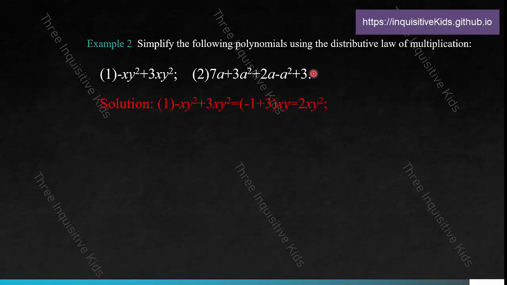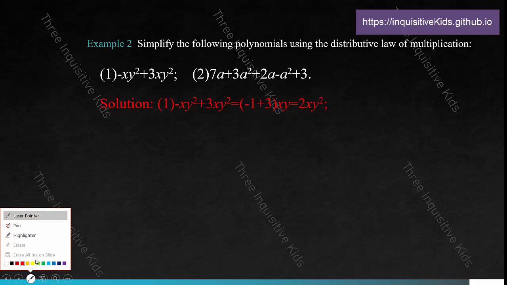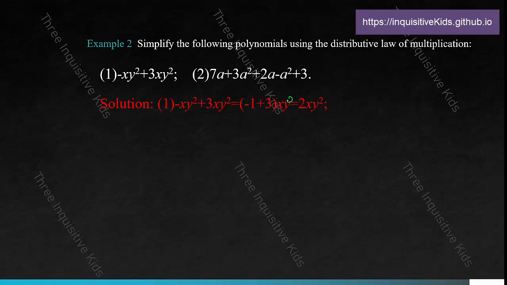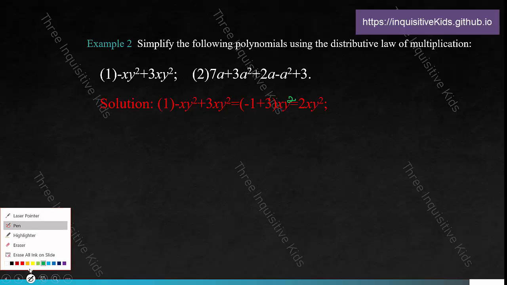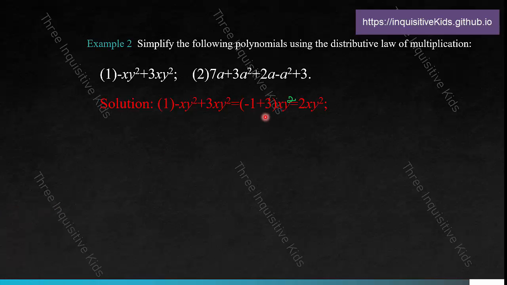Negative xy squared plus 3xy squared would just be the same thing as the sum of negative 1 and 3 times xy, which would give us 2xy squared. Also, over here, I actually forgot to add a squared. That's a 2. So yes, the sum of negative 1 and 3 times xy squared, which would give us 2xy squared.